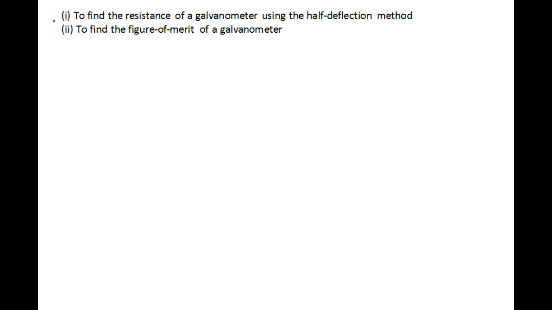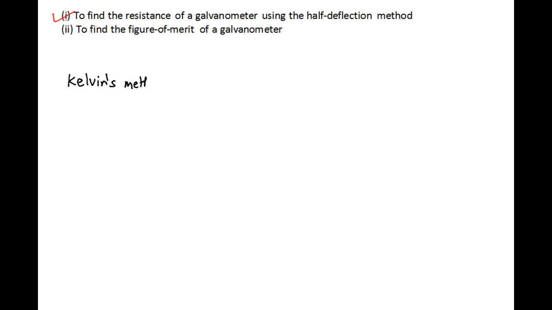So the first experiment is to find the resistance of a galvanometer using the half deflection method. Now I'm sure that you remember that in the HSC syllabus you have something called Kelvin's method. It's there in the syllabus, at least as far as 2015 is concerned.